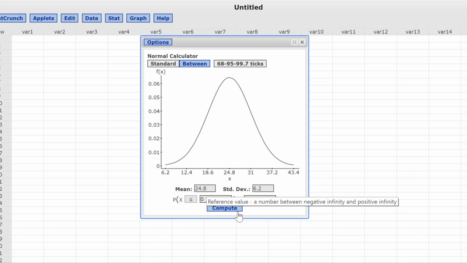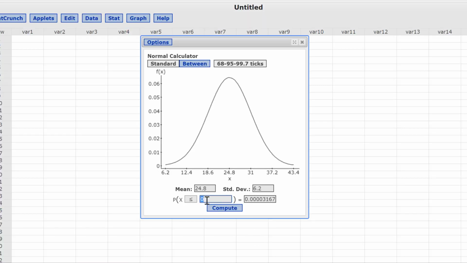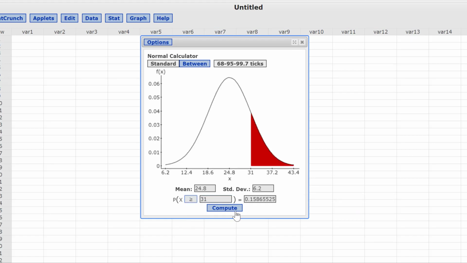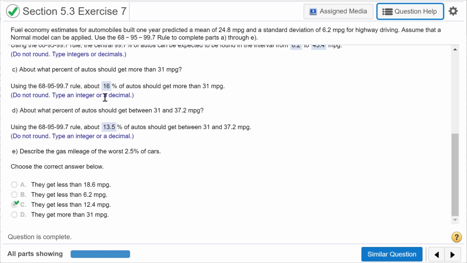For instance, if I wanted to answer what percent of autos should get more than 31 miles per gallon, I'm going to say more than 31. And it's 15.9%. This is the probability in decimals. But again, we're using these nice round number rules, so it's about 16%.